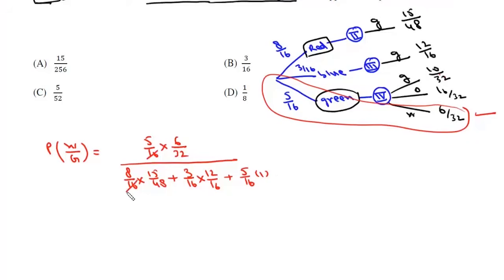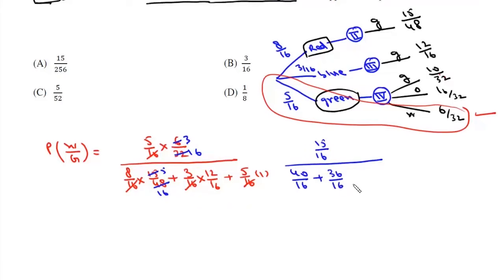Now we'll cancel this 16. Now this is 3 and 16, so it'll be 15 by 16. Now here this is 5, 16, so it'll be 40 by 16.